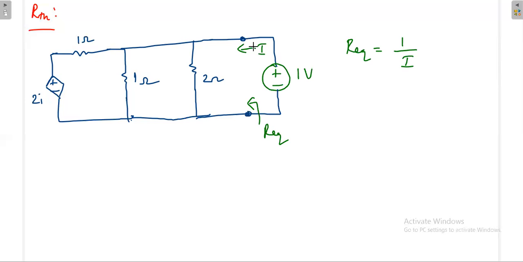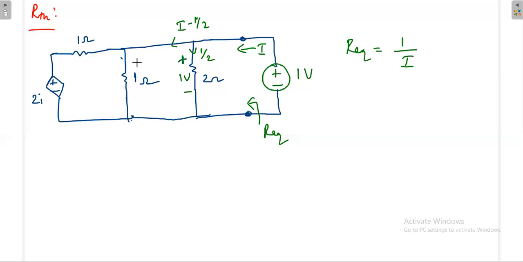Now this 1 volt is appearing across this terminal, because this 1 volt is in parallel with this resistance. So I can write 1 volt here. If it is 1 volt, then 1 by 2 ampere current will flow here. If incoming is I, outgoing is 1 by 2, then here you have to get I minus 1 by 2. Then this is small i, already mentioned in the problem.